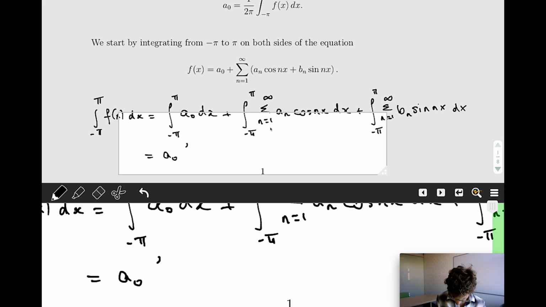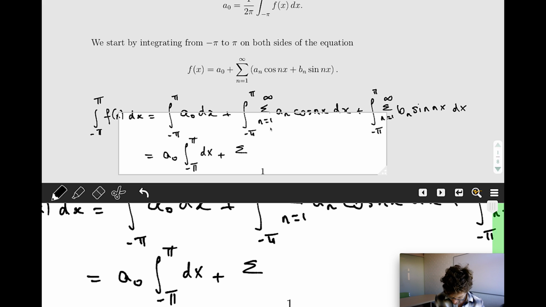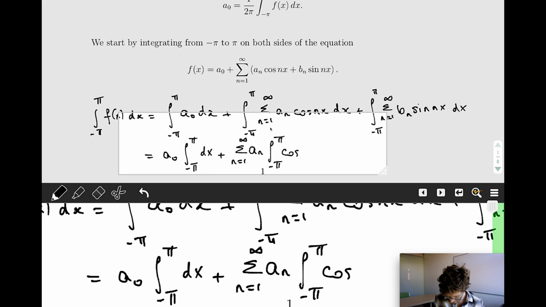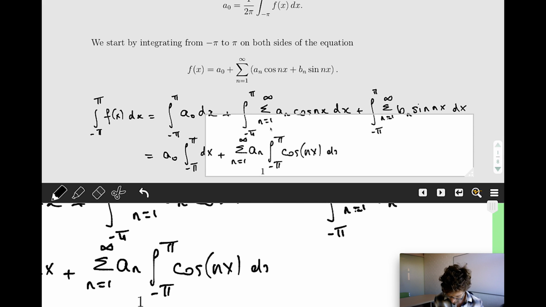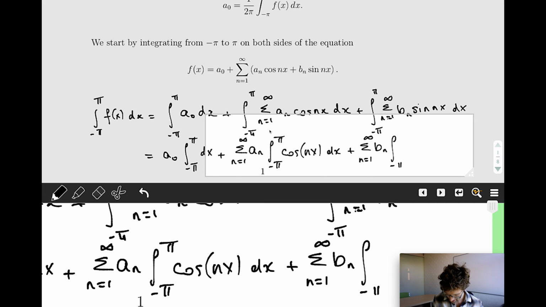We'll have the integral from minus pi to pi of dx, plus the sum from n equals 1 to infinity of an times the integral from minus pi to pi of cosine nx dx, plus the sum from n equals 1 to infinity of bn times the integral of sine nx.